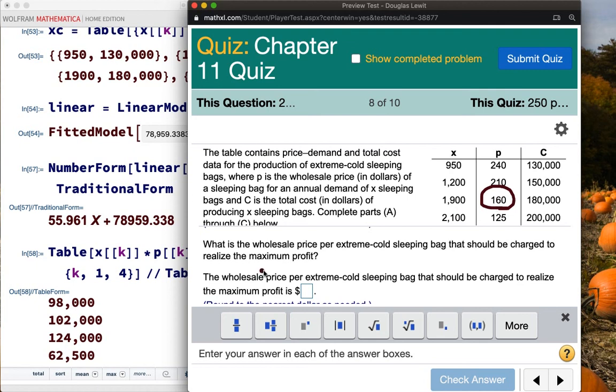Then $160, the wholesale price per extreme cold sleeping bag that should be charged to realize the maximum profit, should be $160.